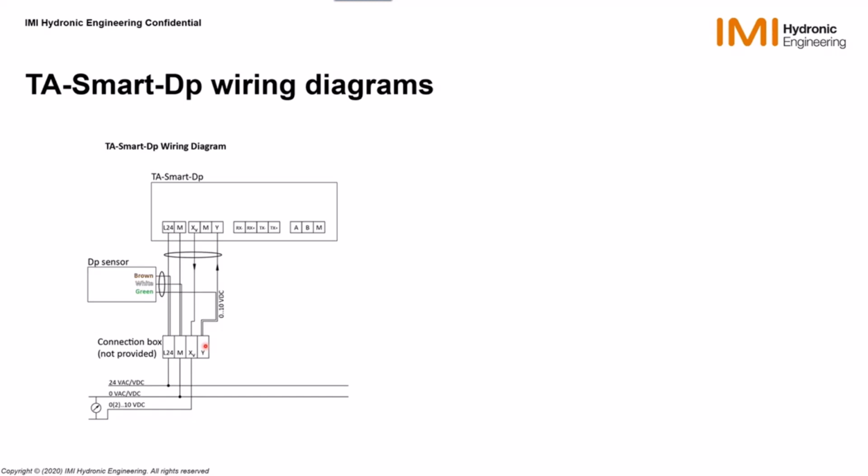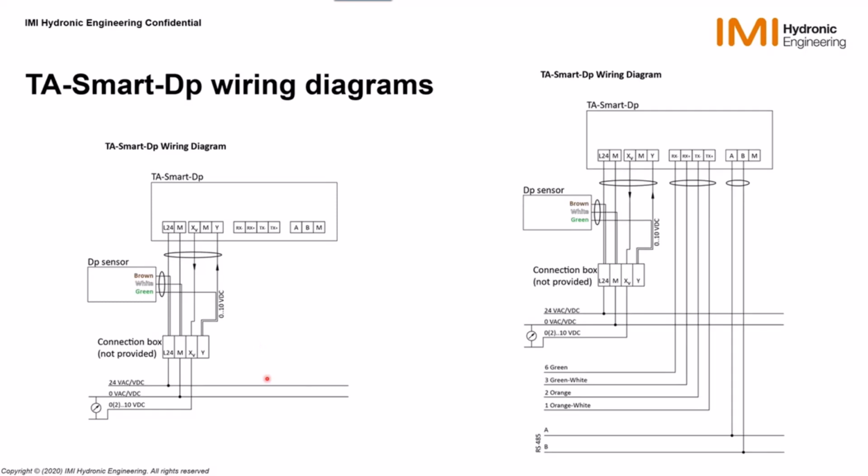And from this connection point, we take a wire that goes into the Y signal of the TSMR-DP. We can, of course, also read the feedback signal of the TSMR-DP, but this is independent from the delta P sensor. This is when you do a pure analog connection, but of course, you can use the TSMR-DP with IP connected to it, or RS485, or both of them if you are cloud connected and doing Modbus RTU, for instance. So everything is possible there to be combined.